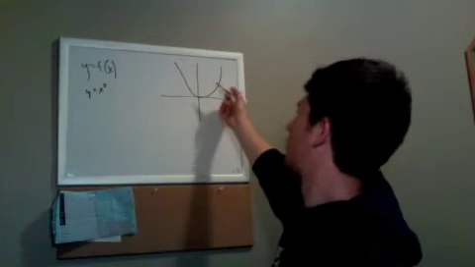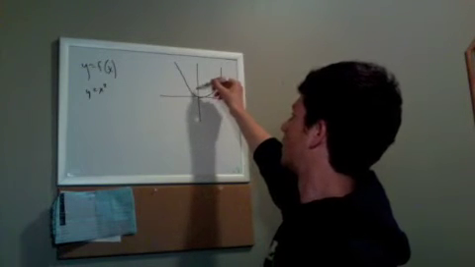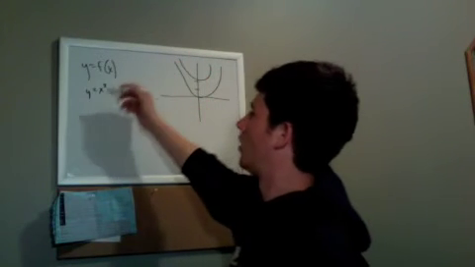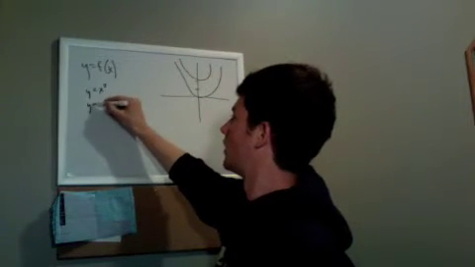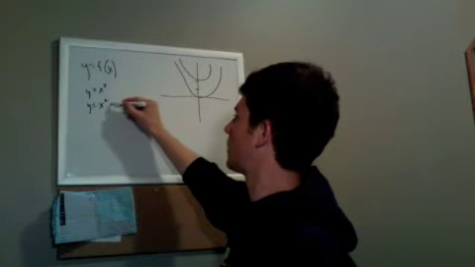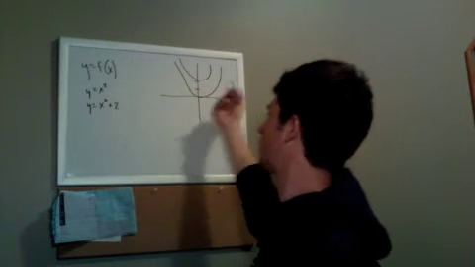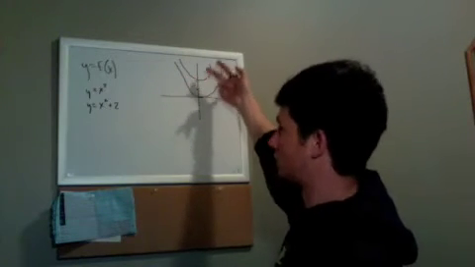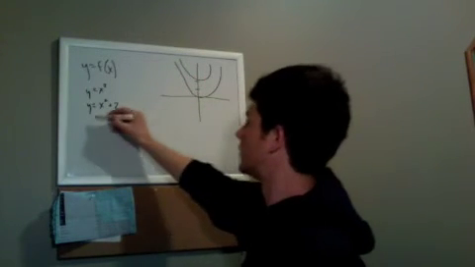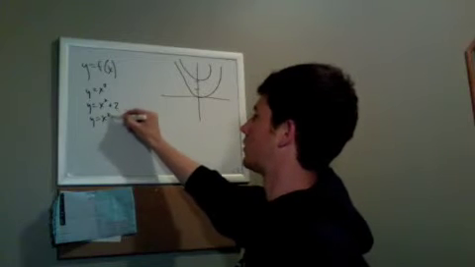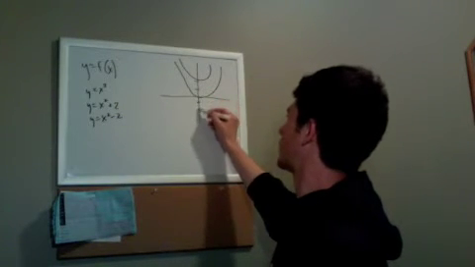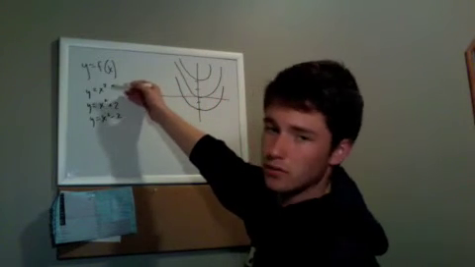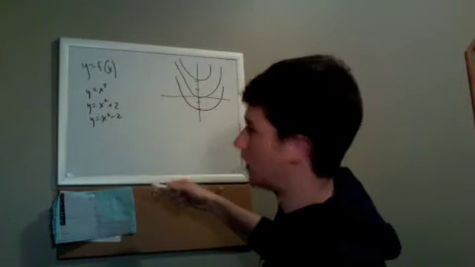In order to shift this graph up 2 notches, all we need to do is y equals x squared plus 2. And the 2 is just simply because it was 2 notches up. Vice versa, y equals x squared minus 2 would look like this. It's the same equation as the original, just shifted down 2 notches.